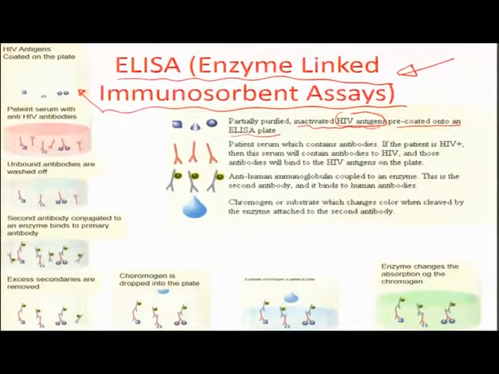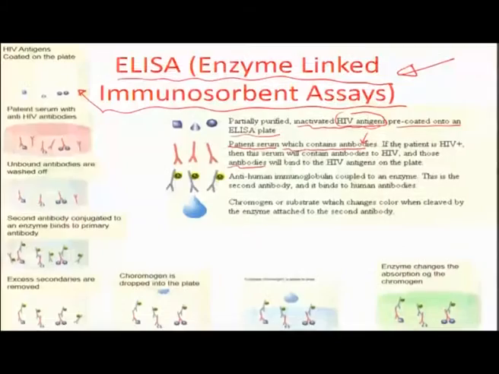So, when the patient serum, from which we want to investigate whether there is an HIV infection within the patient or not, is collected, it will contain antibodies raised by the natural immune system of an individual against the HIV antigens, and these antibodies should be able to bind and block some of these antigens from their functionality. So, that is all the idea behind the immune recognition and immune response of an individual.